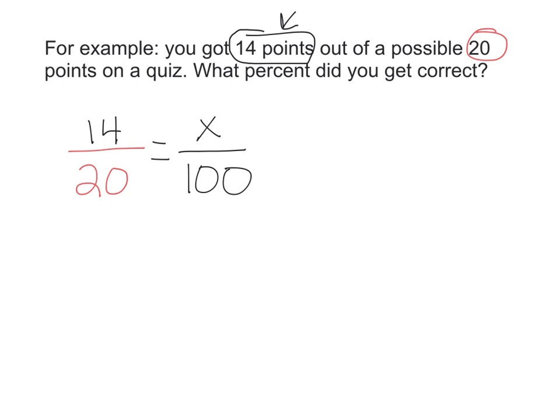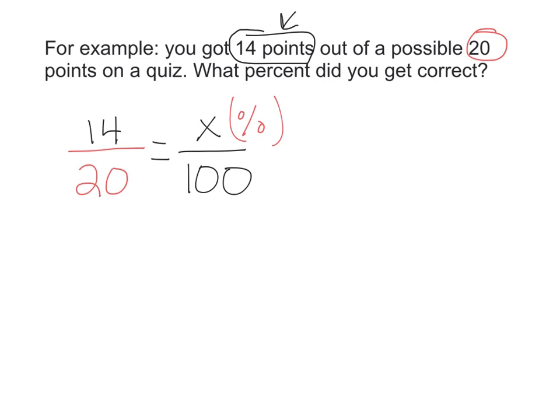x out of 100. Now remember, in the last slide, I showed you that this top number out of 100 is the percent, and that's what we're trying to find, what percent this equals. So we're going to solve this proportion.